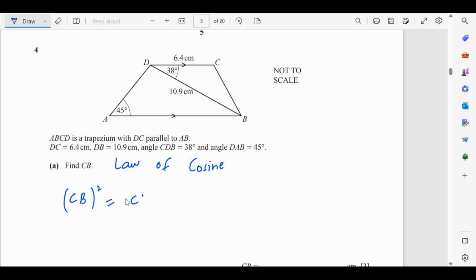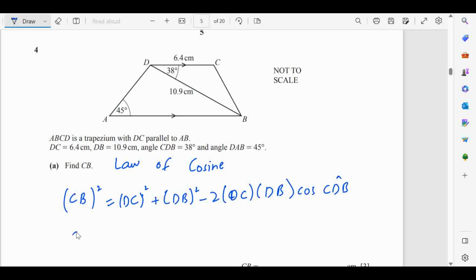DC whole square plus DB whole square minus 2 DC into DB cos of angle CDB. Just put the values into it.